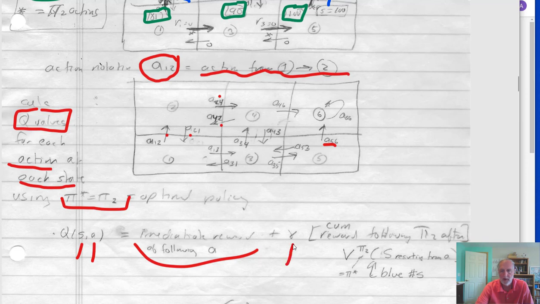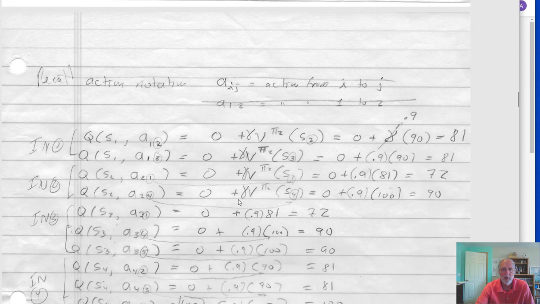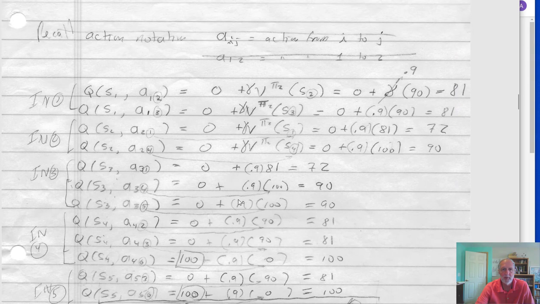And then you take gamma, and then we're going to look at grabbing the V pi2, which is the number in the green boxes up here. So for example, if we go from 2 to 4, so we're in 2 and we go to 4, we're going to collect this reward, and then we're going to use the V value for the next state here. And we're going to do that for each possible action.